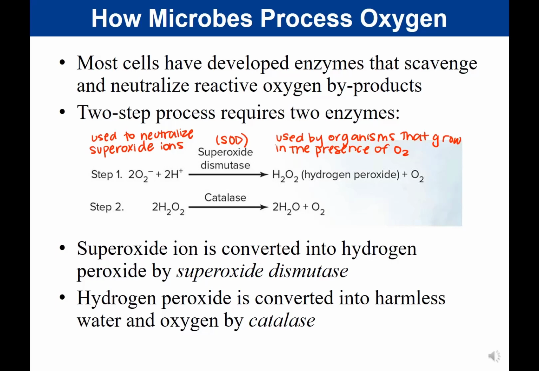Now, when superoxide ions are neutralized and they produce hydrogen peroxide, we need a second enzyme to neutralize the hydrogen peroxide. And so that second enzyme is one that we talked about in lab, and that enzyme is catalase. And so this is used to neutralize hydrogen peroxide.